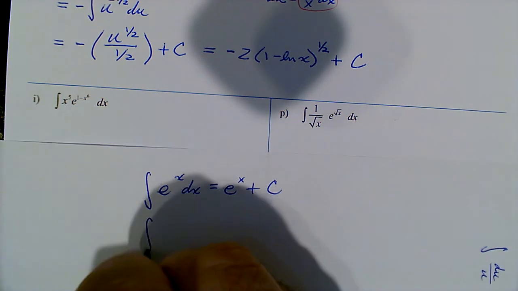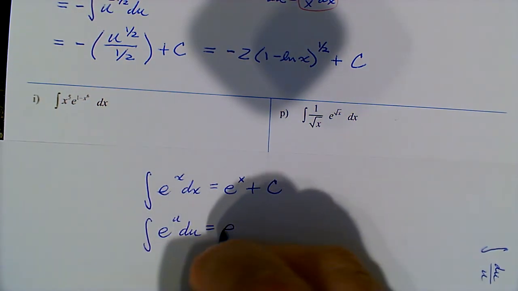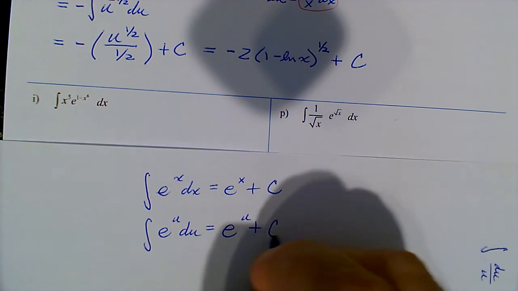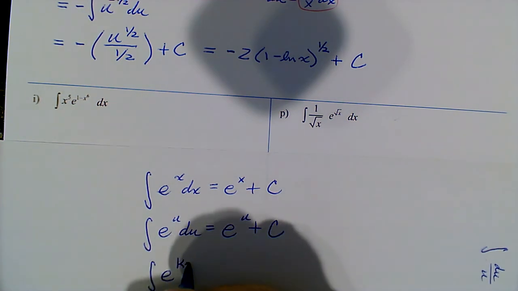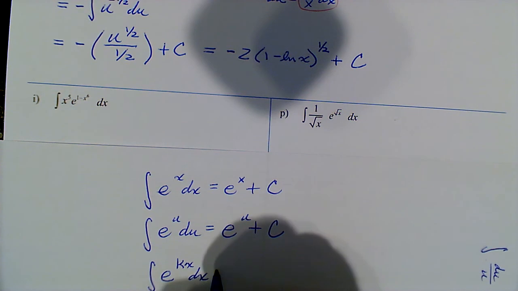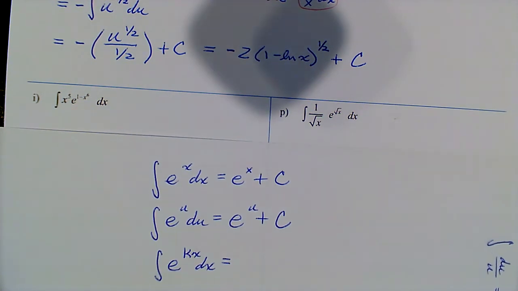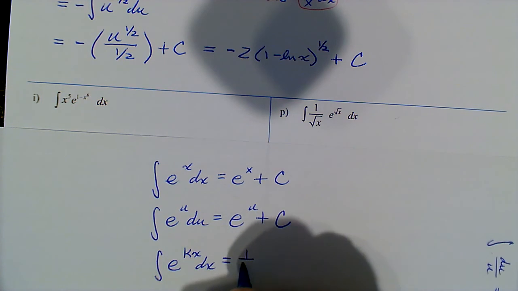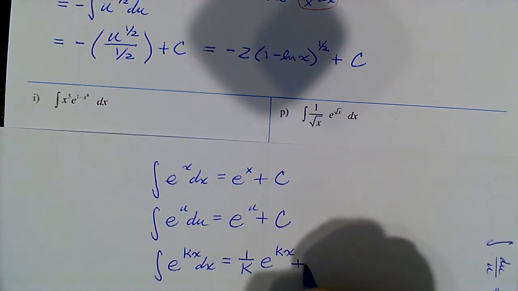Chain rule version, integral of e to the u with respect to u is e to the u. And then there was a special one, recall, the integral of e to the kx, what we called our linear argument rule. And the integral of e to the kx was 1 over k times e to the kx, and then plus a constant.